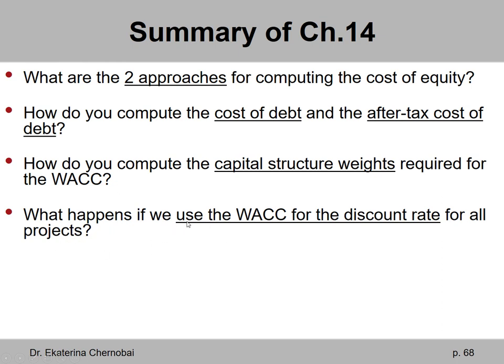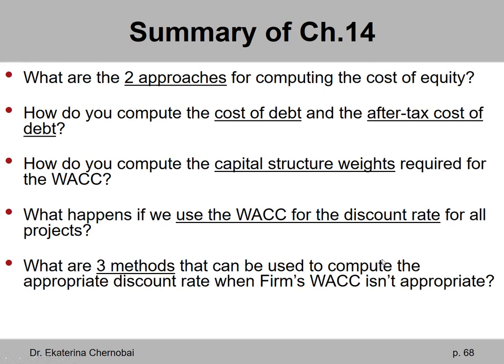We may be incorrectly accepting something that should be rejected or incorrectly rejecting something that should be accepted. And that's because a firm's WACC can only be appropriate as the discount rate for a new investment project if the new investment project is similar in its risk level to the firm's existing projects.